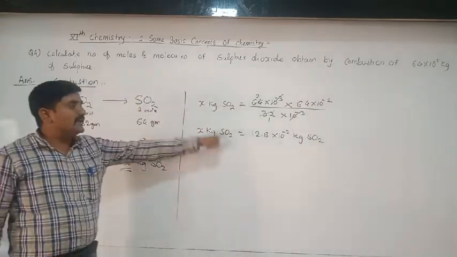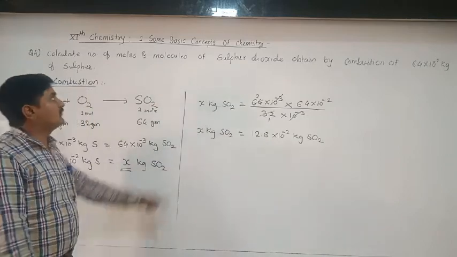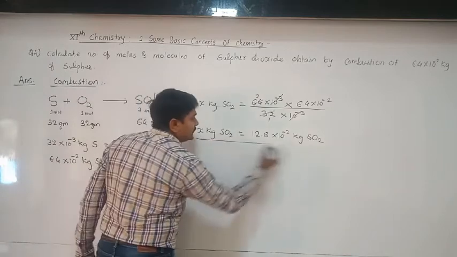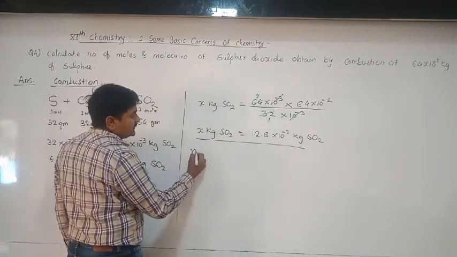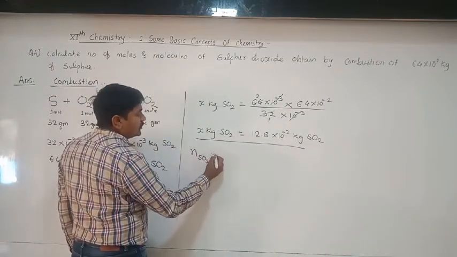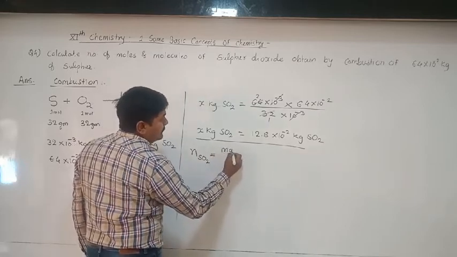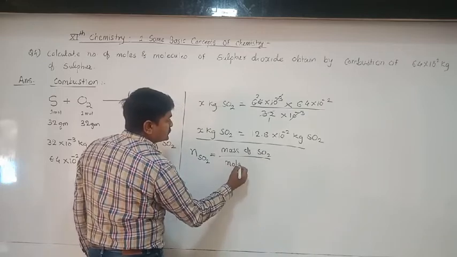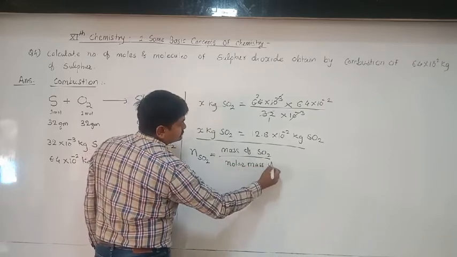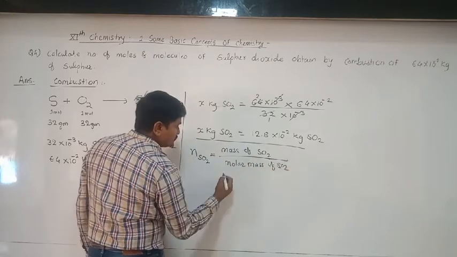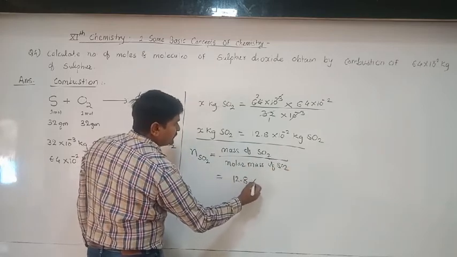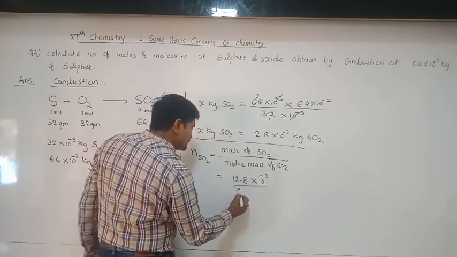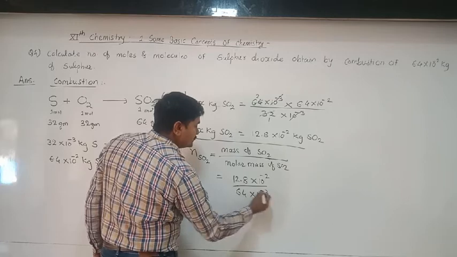Now this is the weight of SO2 formed. Now find out the mole and molecules of sulfur dioxide. Calculate the number of moles of SO2. Number of moles of SO2 is equal to mass of SO2 upon molar mass of SO2. Mass of SO2 obtained is 12.8 into 10 raised to minus 2 upon molar mass of SO2, which is 64 into 10 raised to minus 3.